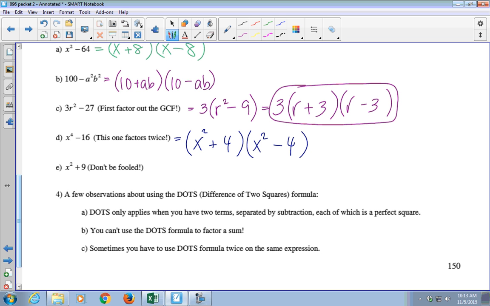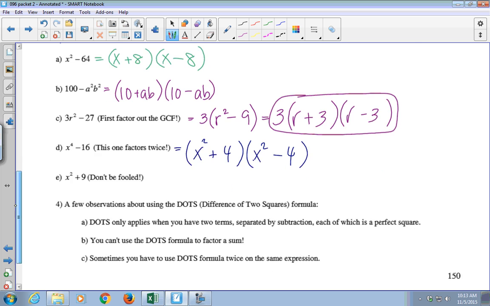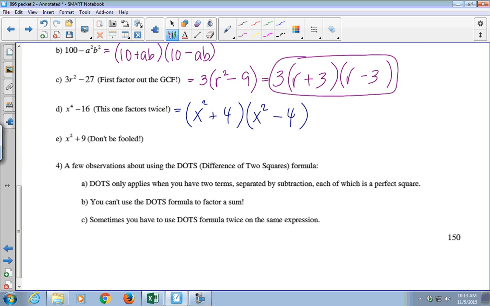The formula we've been applying in all of these examples only applies when you have a minus between your two squares. So x squared plus 4 is as far as we can go, but x squared minus 4 we can apply the formula again. So we have a plus and a minus. Square root of x squared is x. Square root of 4 is 2.